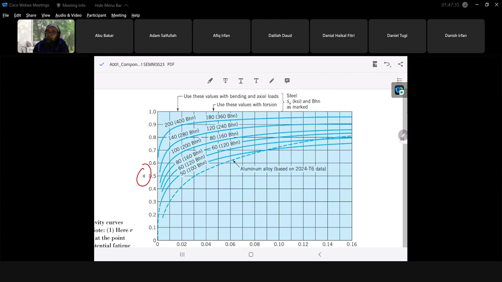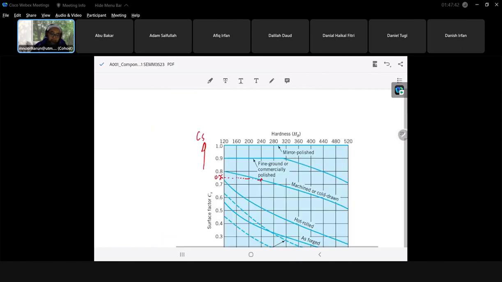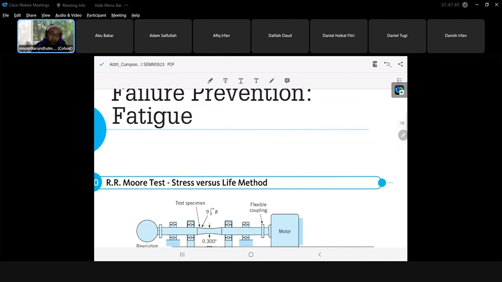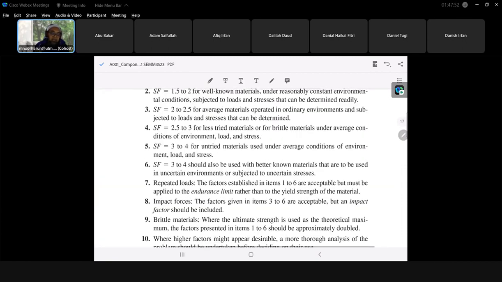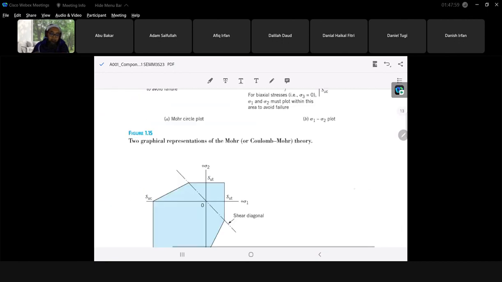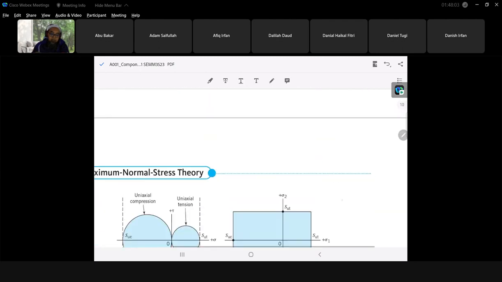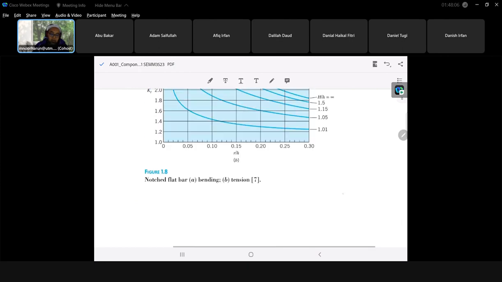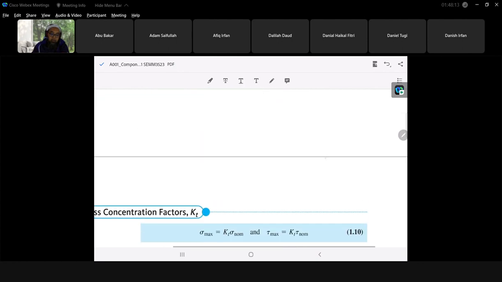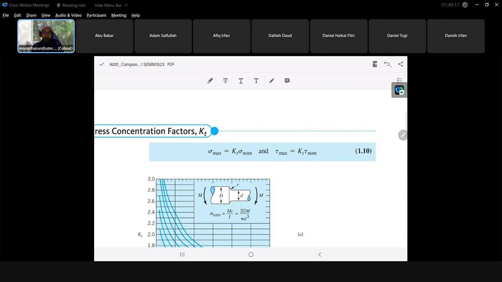Stress concentration KT is static because its name is static; it is in the chapter on static.